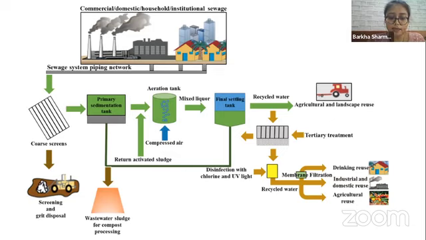Next is secondary treatment, which is basically a biological method that removes oxygen demanding organic pollutants. Whereas tertiary treatment polishes the removal of organic matter, organic matter residuals, nutrients, microorganisms, inorganic molecules, and particulate matter.